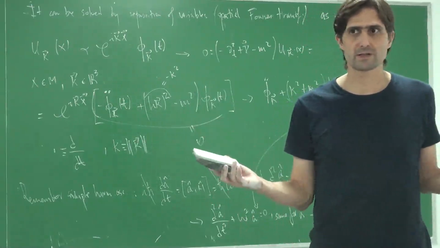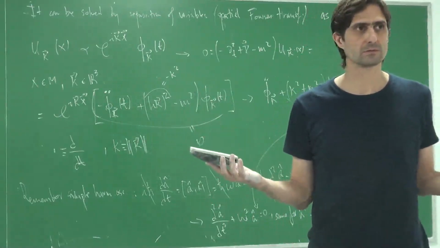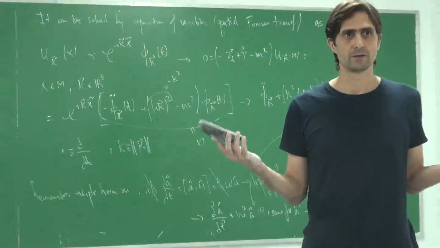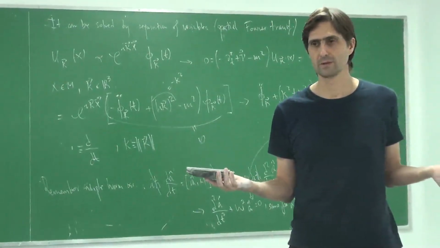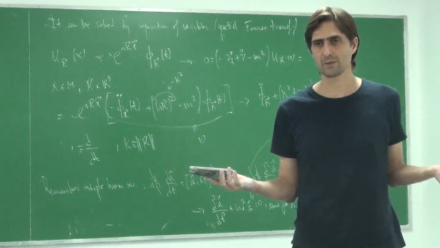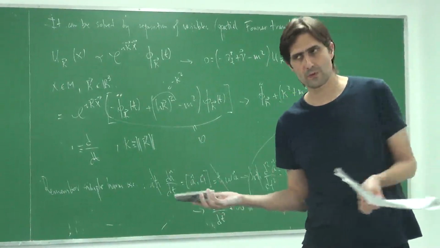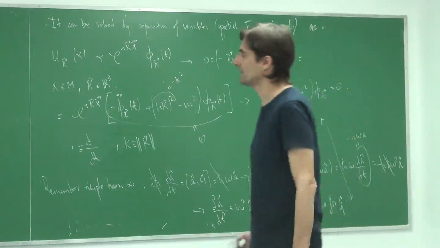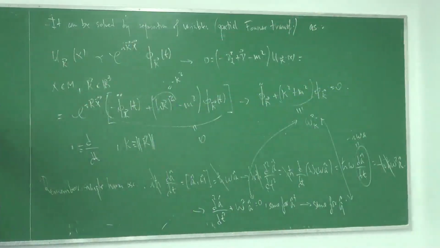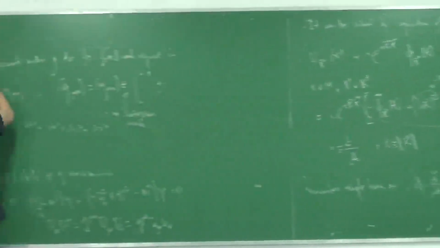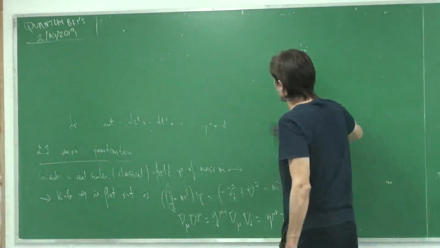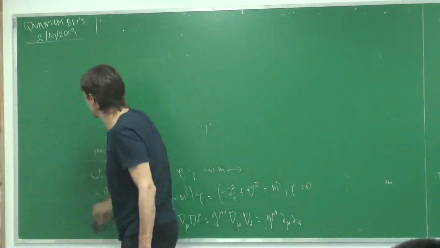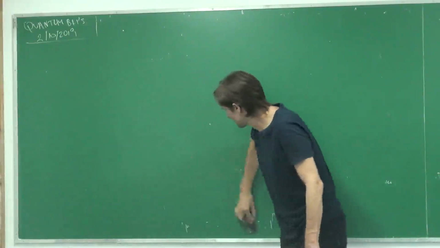Once you notice this, you're done. You know how to quantize the harmonic oscillator, and so you infer from that how to quantize the field. You just look at the field as a bunch of harmonic oscillators, and you quantize each one of them.